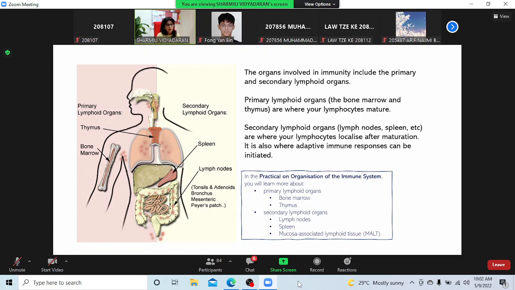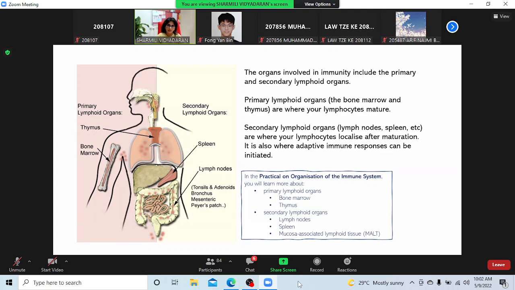Lymphoid organs, the lymphatic system, and lymph are very important components in immunity. I'm going to summarize for you now what primary and secondary lymphoid organs are. But the whole idea of your practical tomorrow on organization of the immune system is to learn much more about your lymphoid organs. So you'll understand more tomorrow.